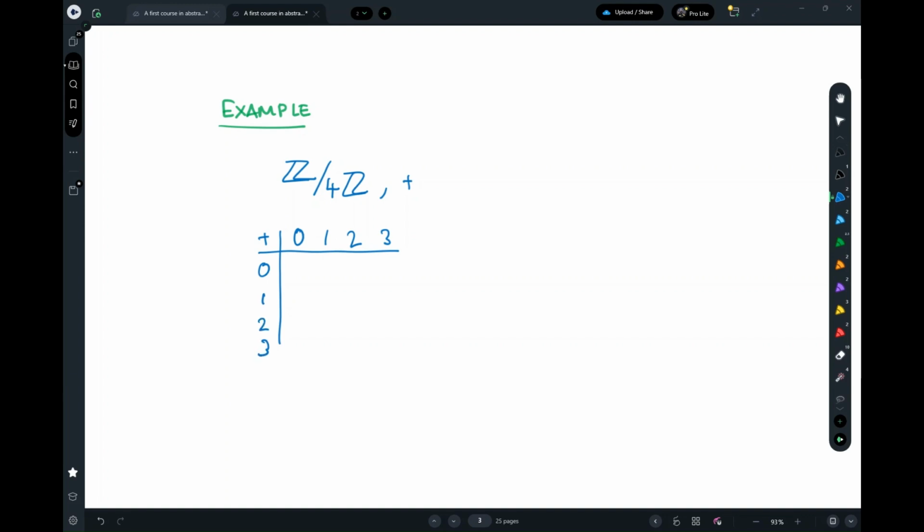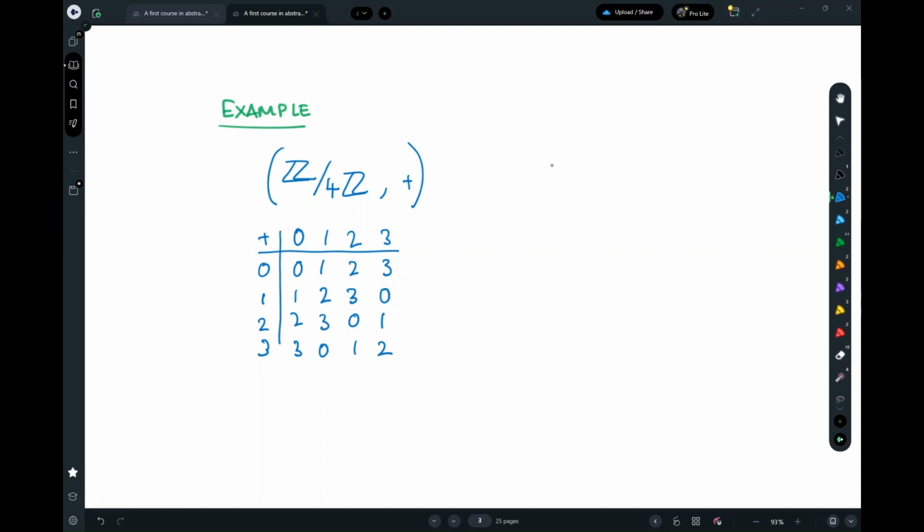Let me just write it down. This is 0, 1, 2, 3 because 0 is the identity, and 0, 1, 2, 3 because it is abelian. And then 1, 2, 3, 0, 2, 3, 0, 1, and 3, 0, 1, 2. Okay, so that is the Cayley table of this group Z modulo 4 under addition.